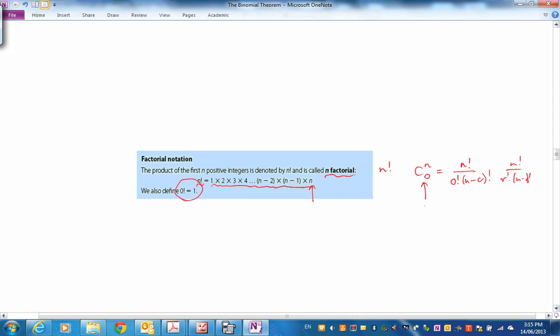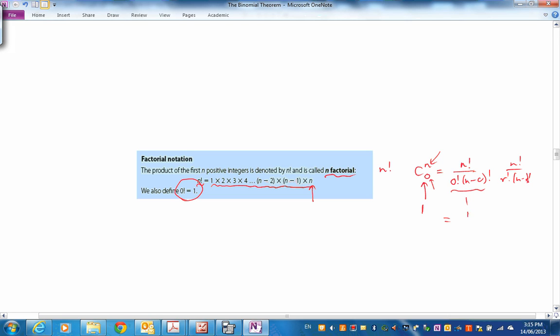In other words, you're keeping the whole lot. So the answer must be 1, mustn't it? The number of ways you can choose 0 objects from n. Only one way, you're actually choosing none. So this answer should be 1.